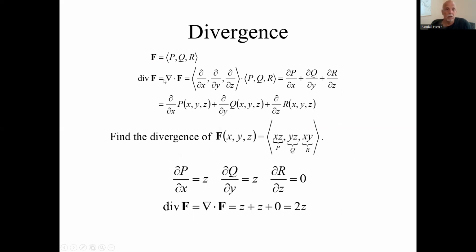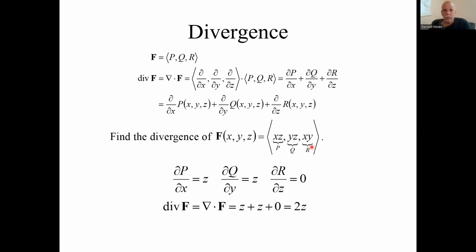What does it mean? Well, here's the notation for it. Divergence of F looks like a dot product here, because operationally it is kind of a dot product. We'll take the partial of the first component with respect to x, plus the partial of the second with respect to y, plus the third with respect to z. Here's the divergence.